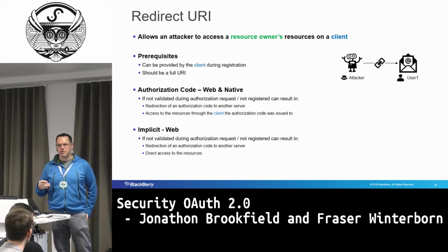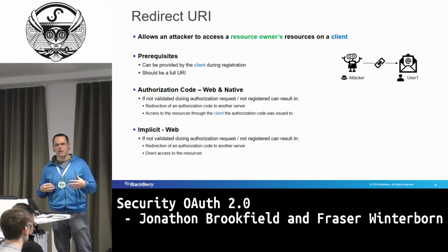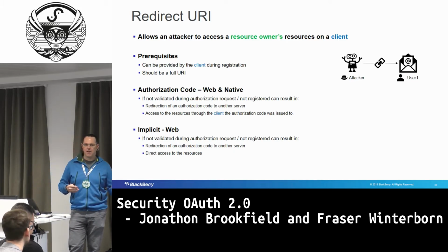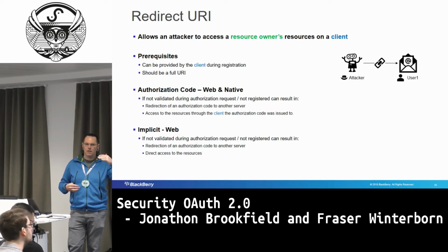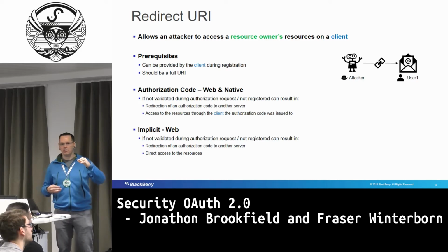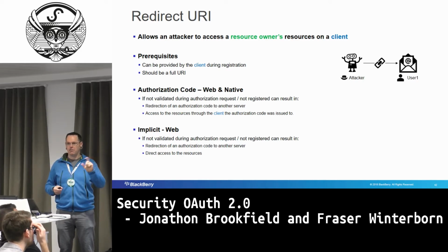What should happen is that a client should register a full redirect URI with the authentication server, and then during various stages of the flow, the authentication server should check that said redirect URI matches the one that has been registered.